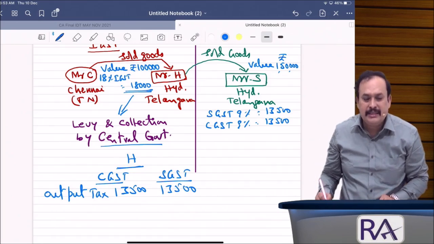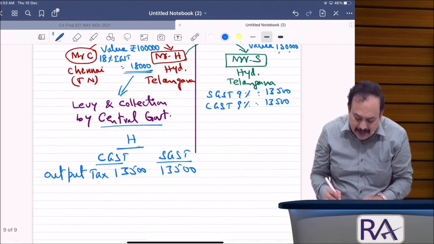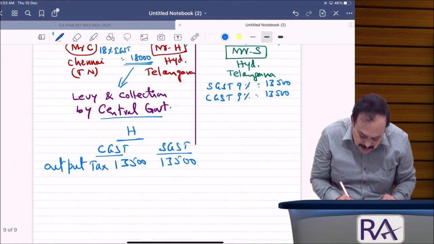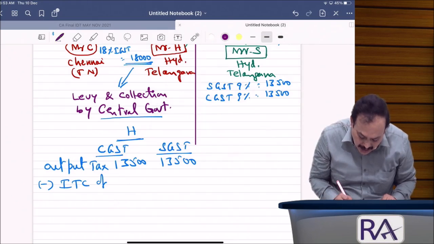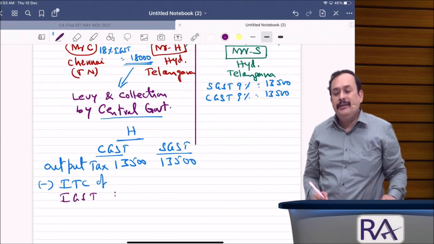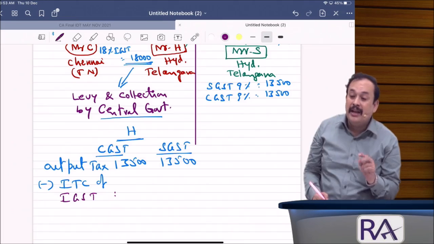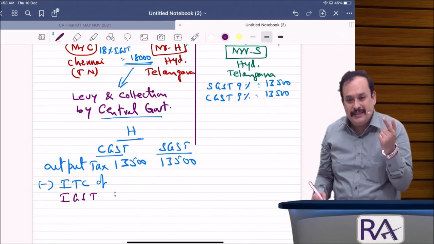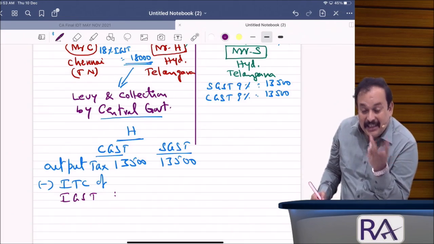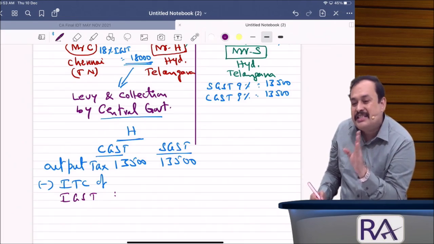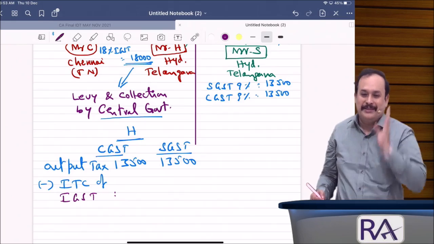Is it clear, my dear sir? If so, he says that I want to claim input tax credit of IGST. Claim it. While claiming, how much credit does he have with him? 18,000 rupees credit. He wanted to set off this credit against CGST or SGST, a question mark.